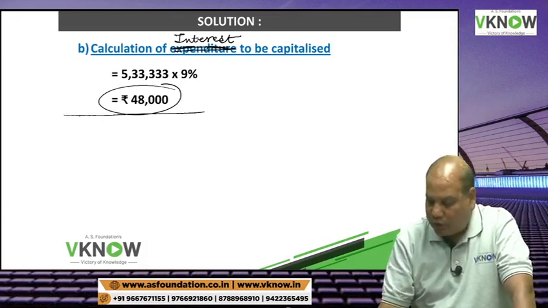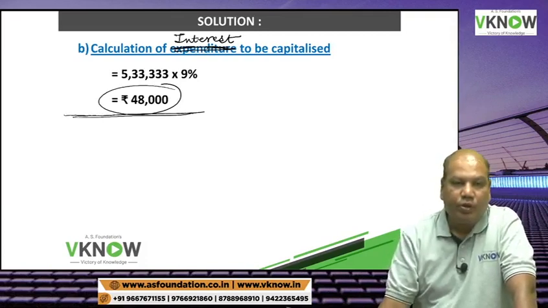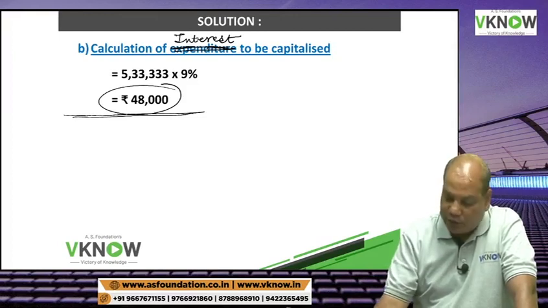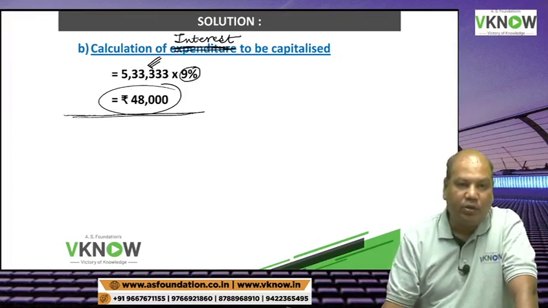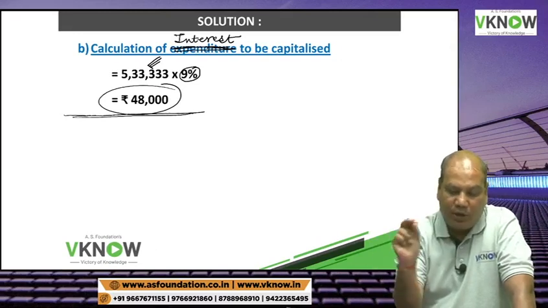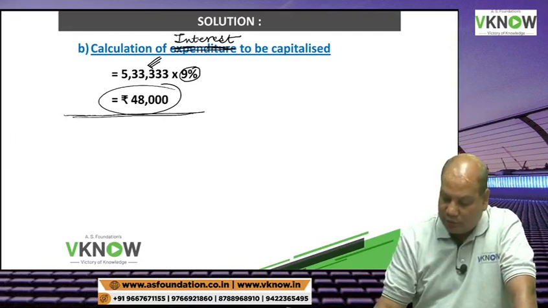This is one way to calculate the interest cost to be capitalized, where we first calculate the average expenditure and just multiply by 9%. Alternatively, what you can do, for every expenditure incurred, for every line you can calculate the interest.